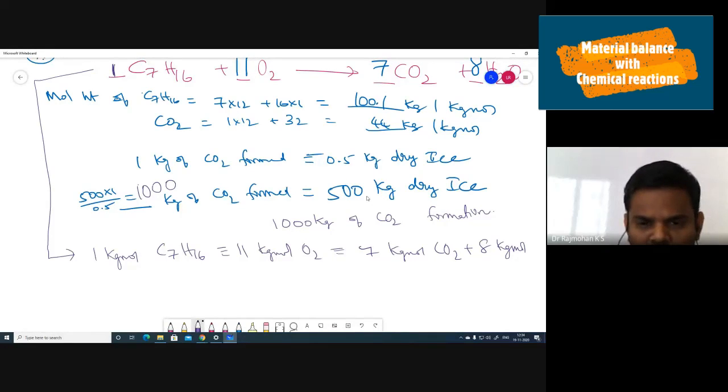I am writing in detail so that in your mind you know how to transform this reaction into kg moles and kg.